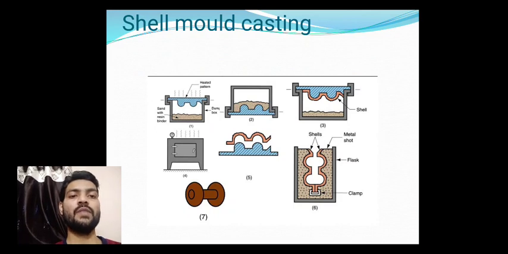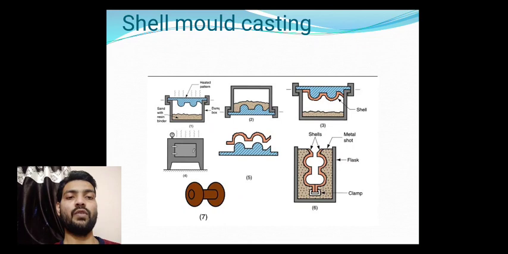Figure of shell molding. The first figure shows the heated pattern placed on the box. The second figure shows the box inverted and the sand with resin sticking on the heated pattern. The third figure shows that after repositioning the box, all unwanted sand and resin drop away, and the shell is formed on the heated pattern.